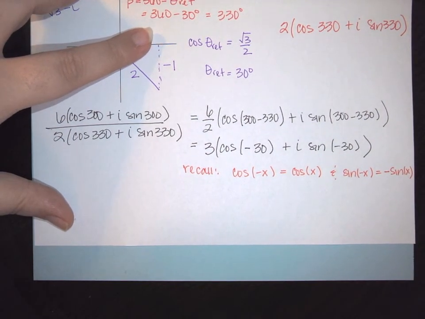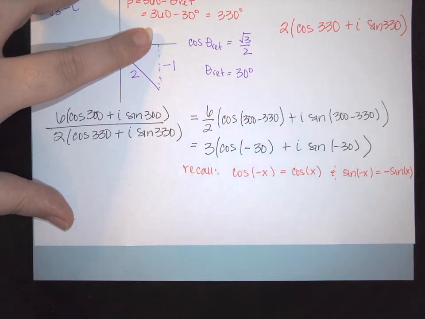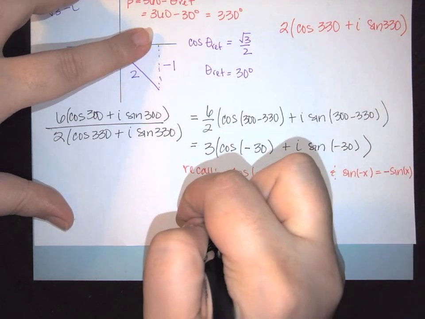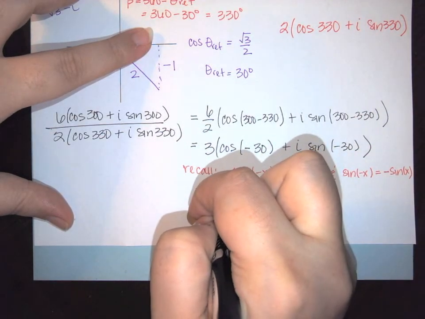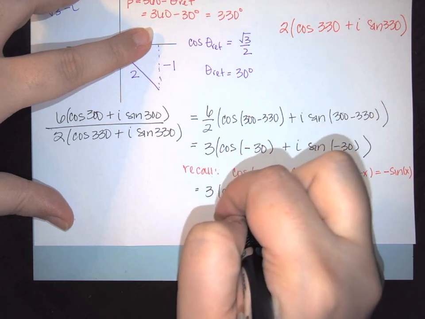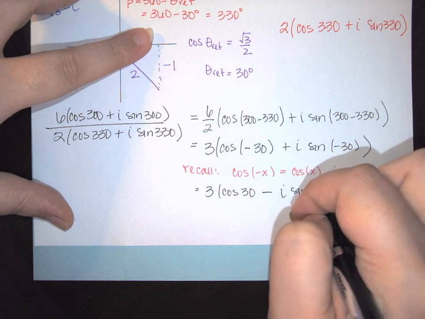So we can rewrite this removing those negatives. And so this is then going to be 3 times the cosine of 30 minus i sine of 30.